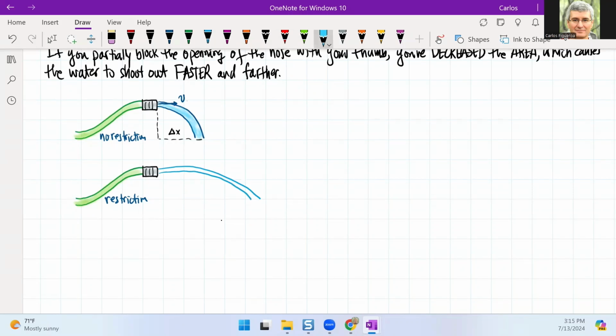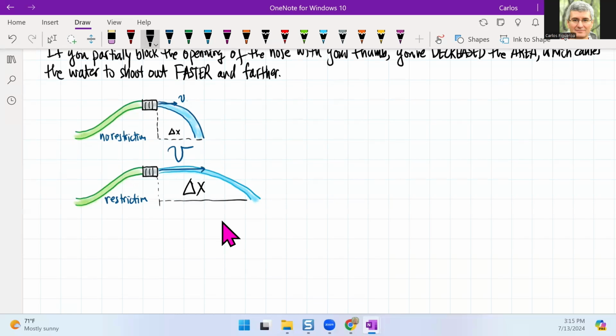And the only reason it shoots out farther is because it has to conserve volume flow. Smaller area means it's got to have a higher speed. So therefore, this speed is then going to be higher. And we see that because it travels a farther distance.